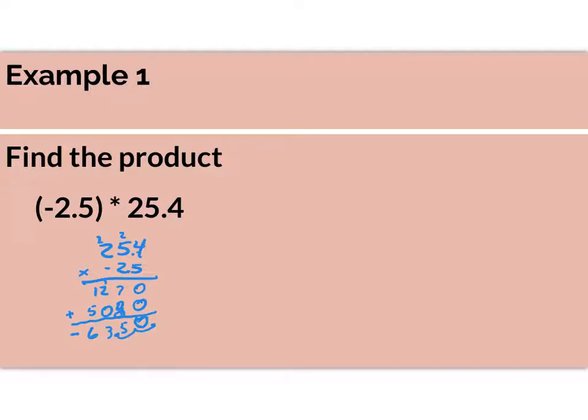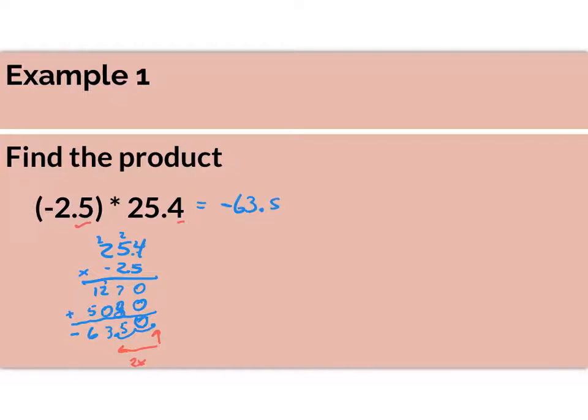You always start with your decimal at the far right and then move it however many numbers are behind the decimal. So we moved it 2 times here. So our answer to the problem is negative 63 and 5/10 or 50 hundredths.